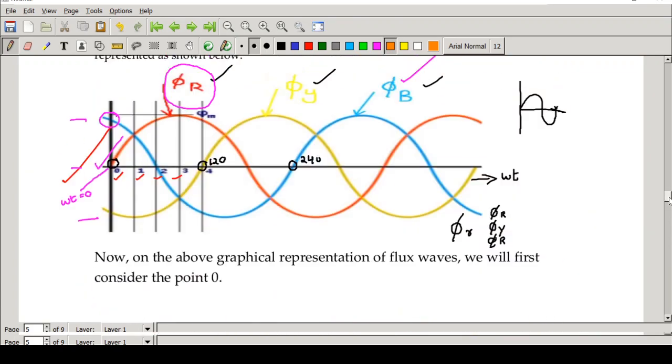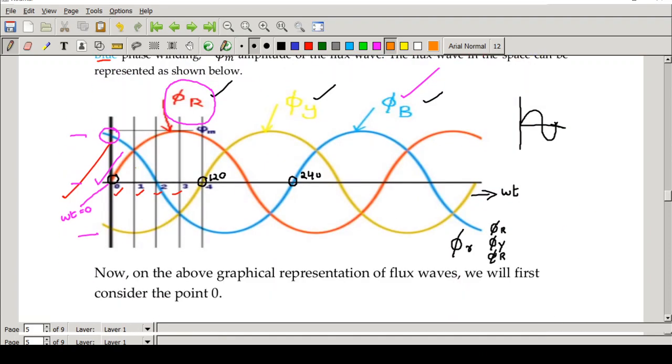Let me show you the waveform. Now we will see what the resultant flux will be at this point, because we are analyzing the resultant flux at various points. At point 2 we can see that the red phase, the blue phase as well as the yellow phase all have values. Both red and blue are positive and the yellow phase is negative.